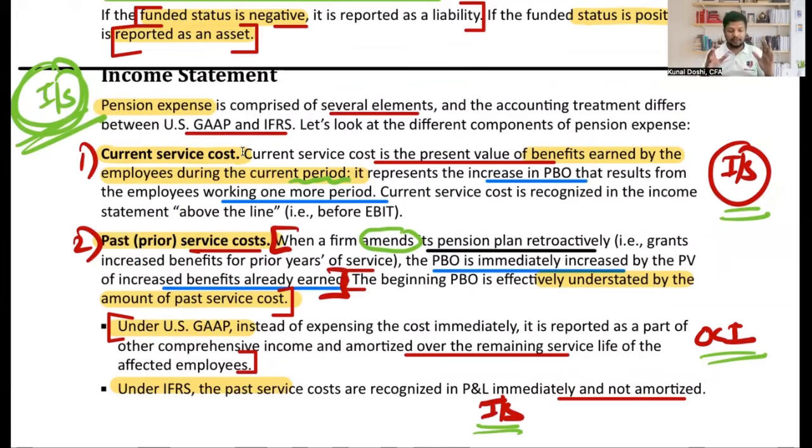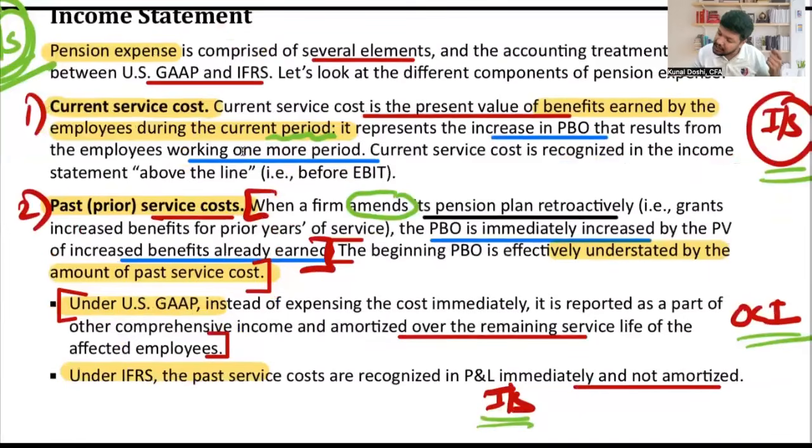Understood? But you're going to be paid not only the current year benefit, but the previous years' benefit. So is there any change in the previous years' assumptions or any amendment in the previous years' service benefit? That is called prior service cost. Understood, everyone? Current service and prior service cost.